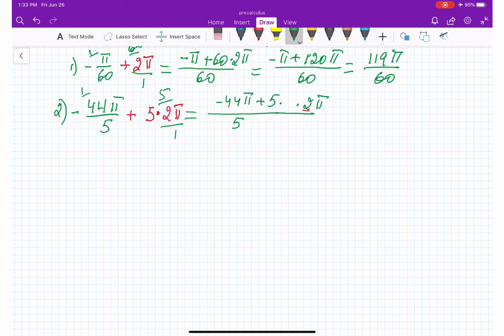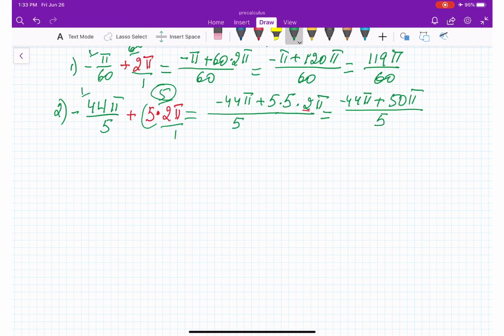So 5 times 5, because this 5 and this 5, right? Times 2 pi. So that's negative 44 pi plus 5 times 5, 25, times 2 is 50 pi, divided by 5. See, I went slow on purpose so you can understand.